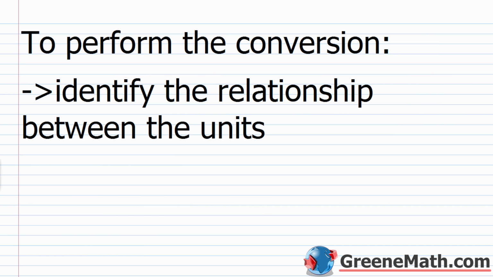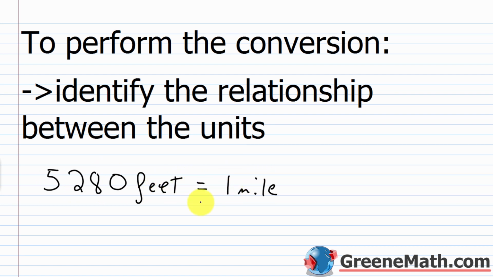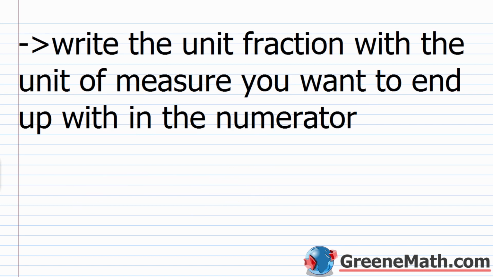So now that we understand what a unit fraction is, to actually perform the conversion, again, you identify the relationship between the units. So in our case, again, 5,280 feet is equal to 1 mile. If you didn't know that from memory, you'd have to look that up and then gain that relationship. Now, the next thing you want is to write the unit fraction with the unit of measure you want to end up with in the numerator.